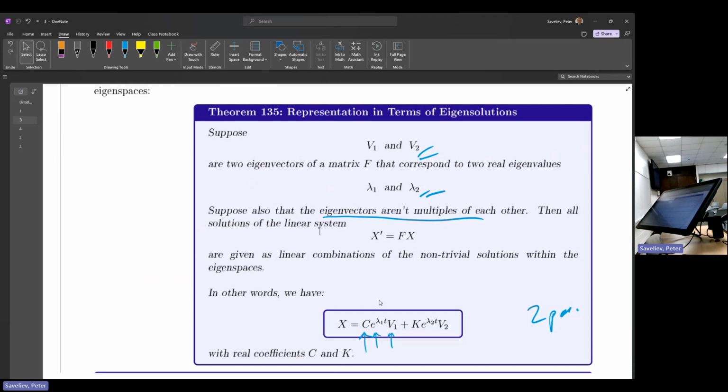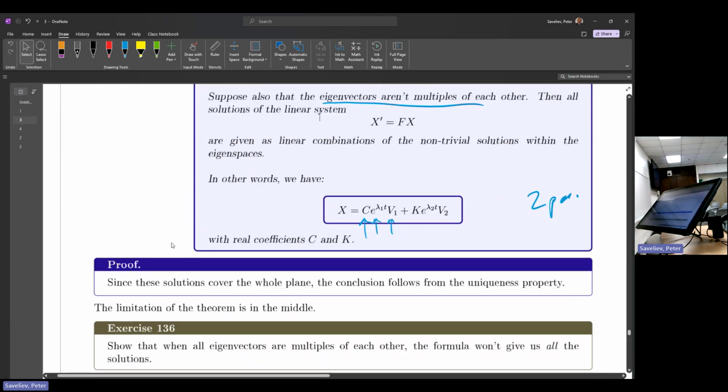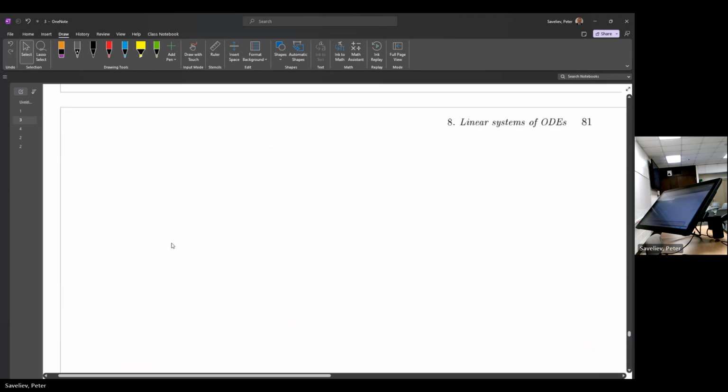If the two planks are like this, the fabric is stretched and covers the whole plane. If, however, they come like this, the fabric only covers one line. It does not cover the plane, and therefore some of the solutions are simply not taken care of.